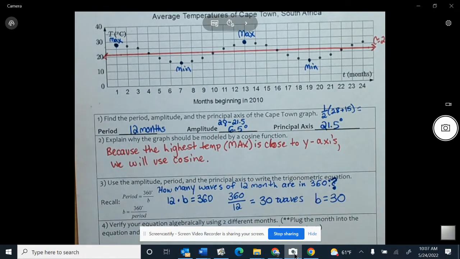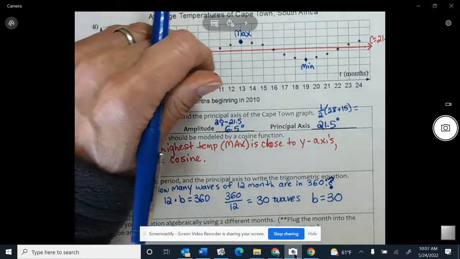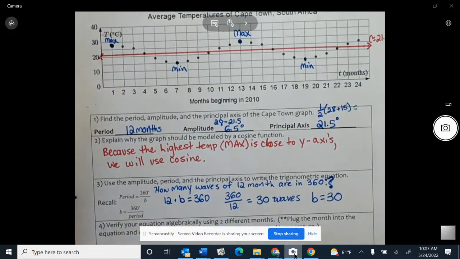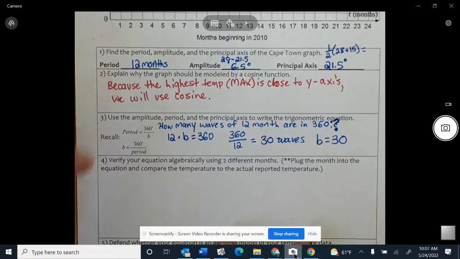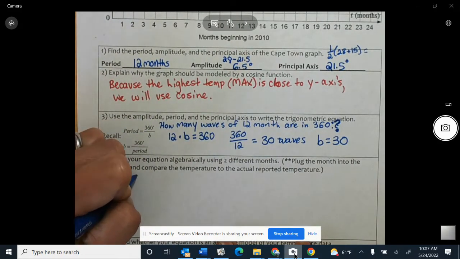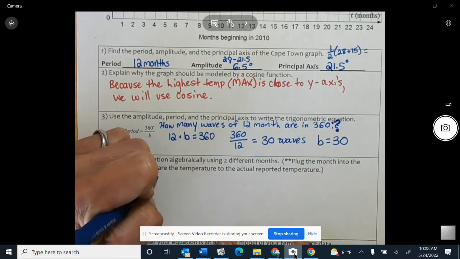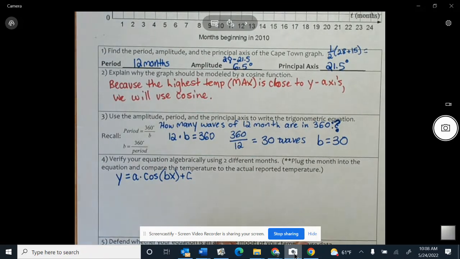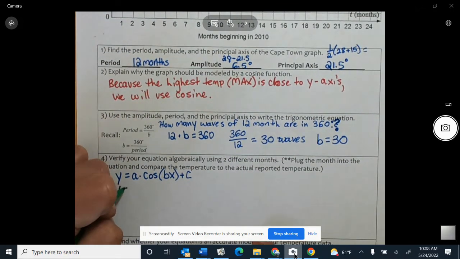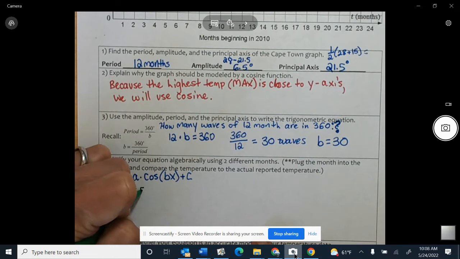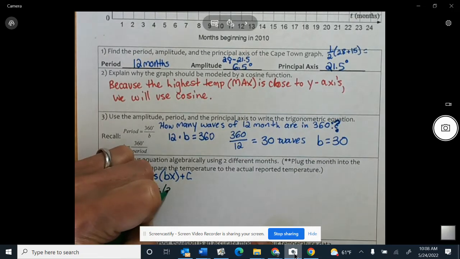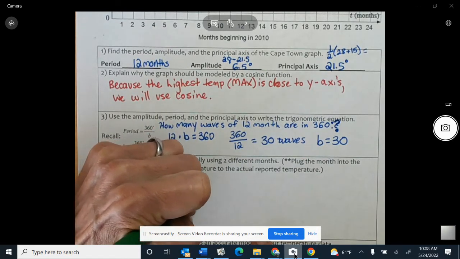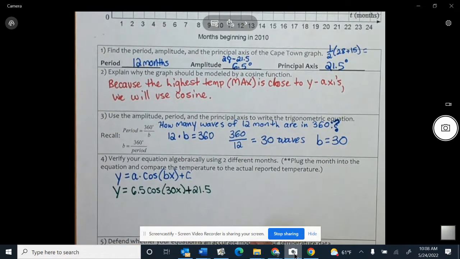Now, what we're going to do is write the equation and then plug in some time, to see if the temperatures work out. So the equation: y equals a times the cosine of bx plus our c. So here is our equation using our amplitude at 6.5: y equals 6.5 times the cosine of 30x plus 21.5, our principal axis.